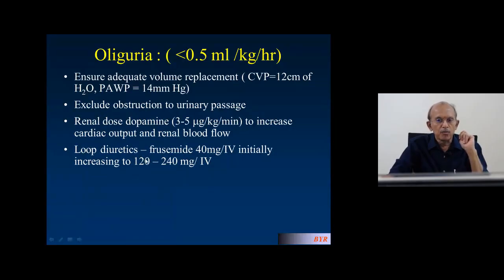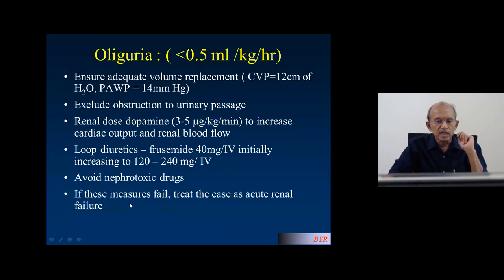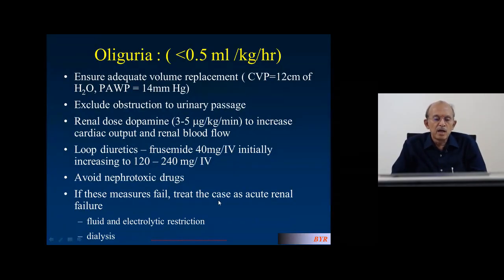Give a loop diuretic, furosemide 40 milligrams IV initially, increasing to 120 to 240 milligrams IV. Avoid nephrotoxic drugs. If these measures fail, treat the case as acute renal failure. That means fluid and electrolyte restriction, dialysis. So this is how you manage the case of oliguria in a shock patient.